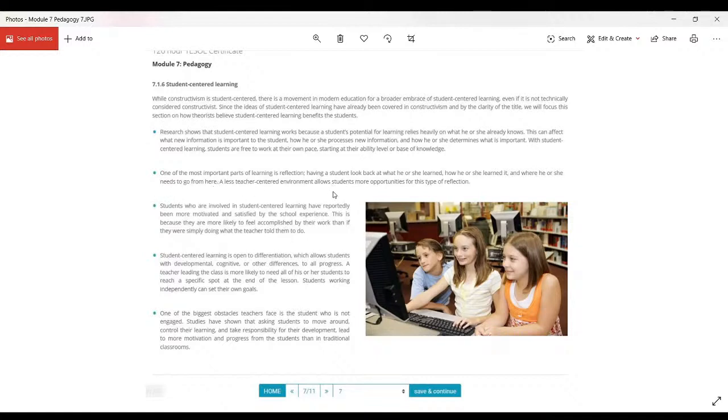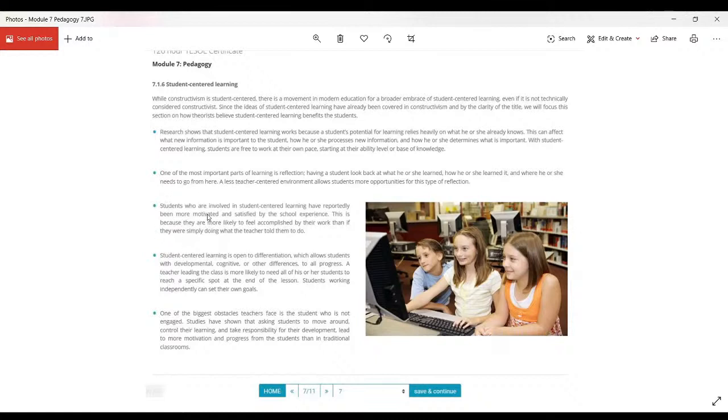In this bullet, it shows that the student has more opportunity for this type of reflection because they can look back at what they have learned, whether they have already learned it, and where he or she needs to go from here.